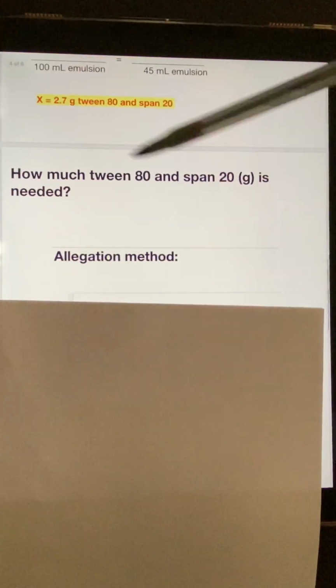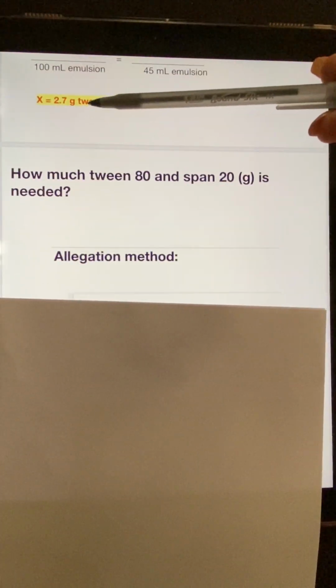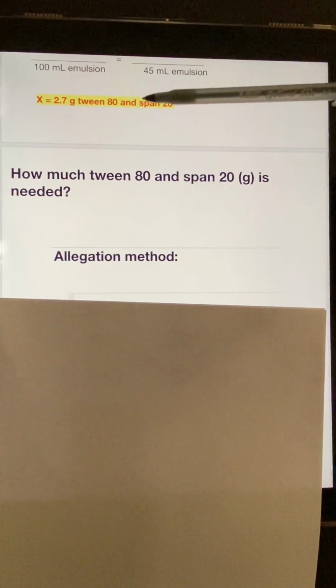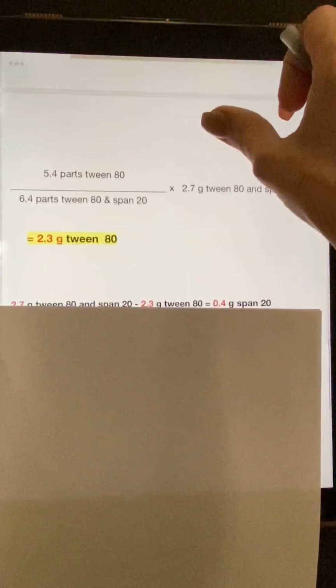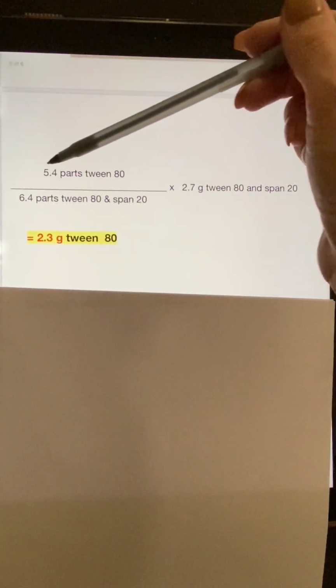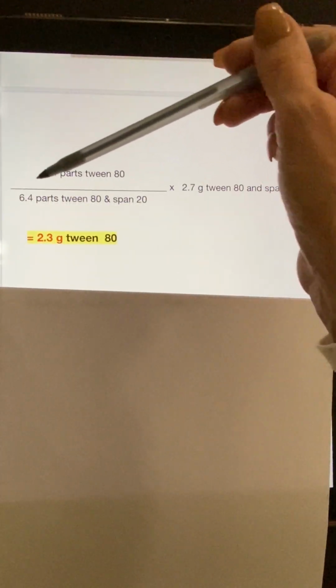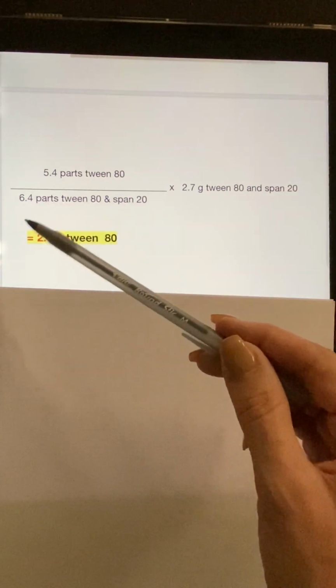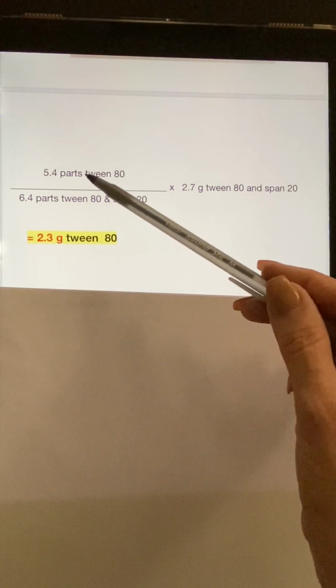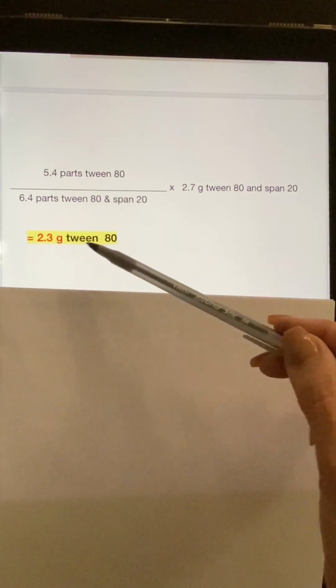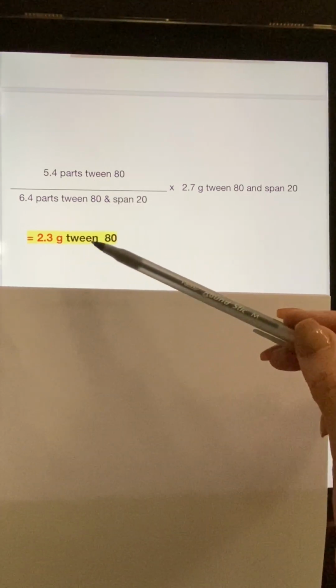You just calculated how much of the mass was needed for Tween 80 and Span 20 together. So simple calculation. If you know the part of Tween 80 and you have the total part and you have the total mass, then you can calculate how much of Tween 80 alone you need.